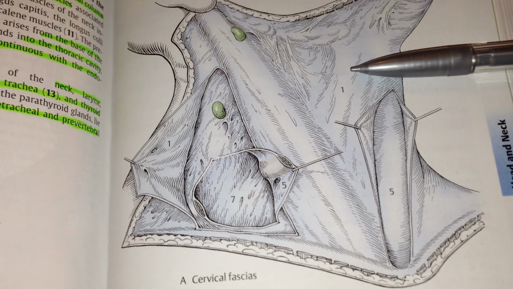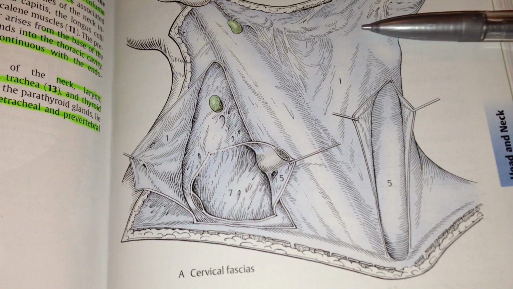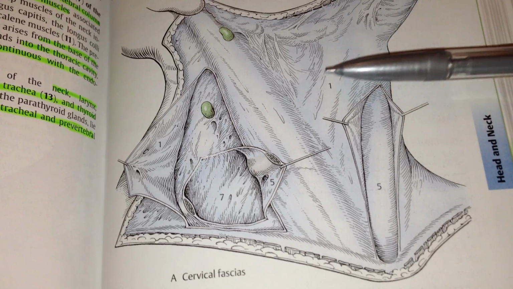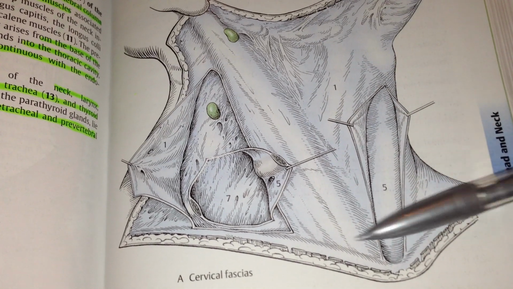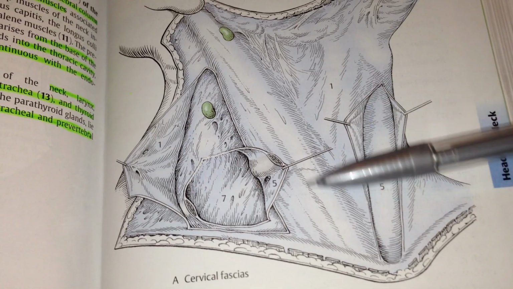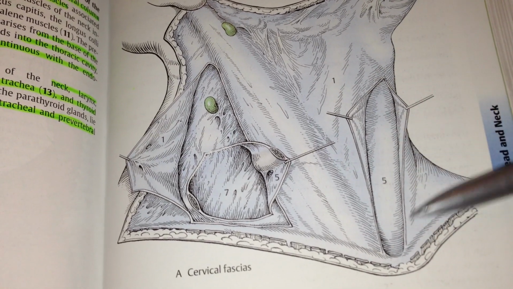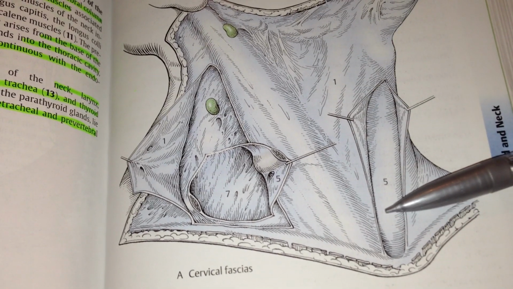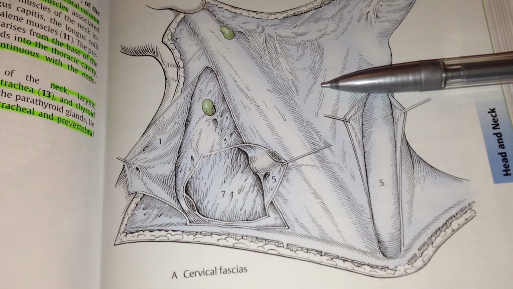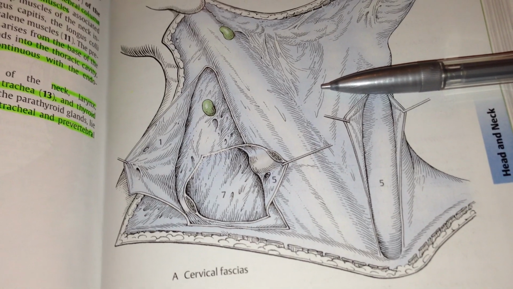Now, the superficial cervical fascia, or the investing layer, is going to encompass all structures of the neck except the platysma muscle, because the platysma muscle is a subcutaneous muscle located in the subcutaneous layer, therefore more superficial to the cervical fascia. Okay.